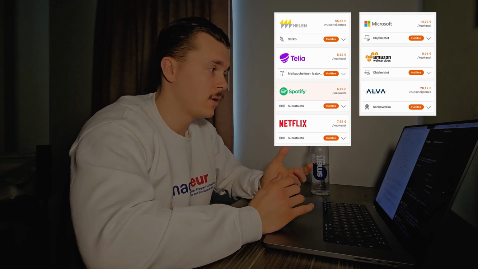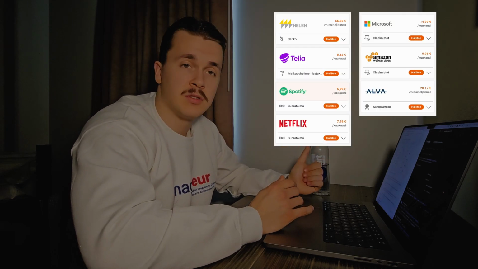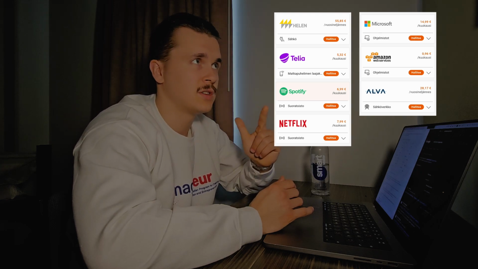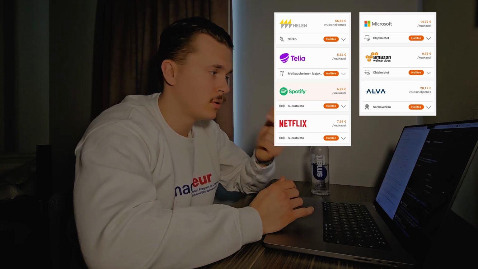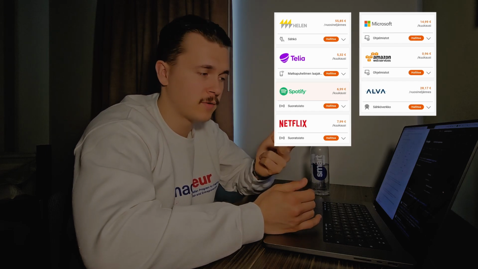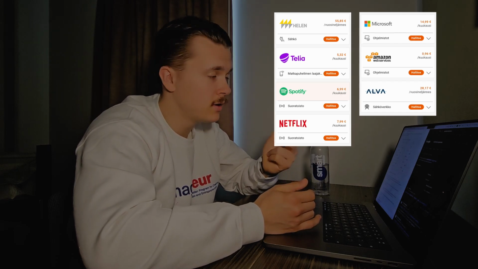These are what I have even back home, mostly every month, very normal expenses. Here we have my Netflix subscription, my phone bill, which is very low because I just recently changed my teleoperator. Then we have Spotify, which is a student Spotify, so I save a bit of money on that.